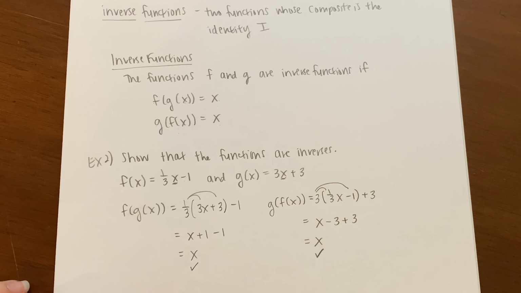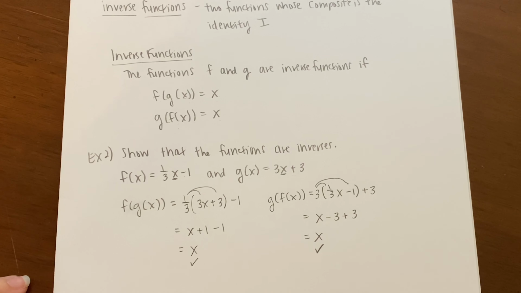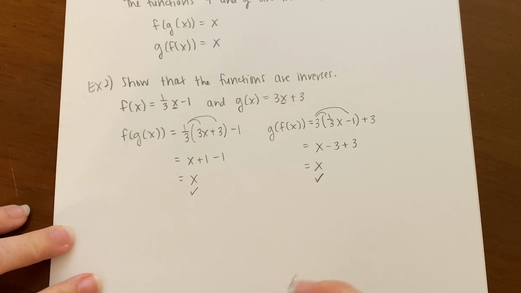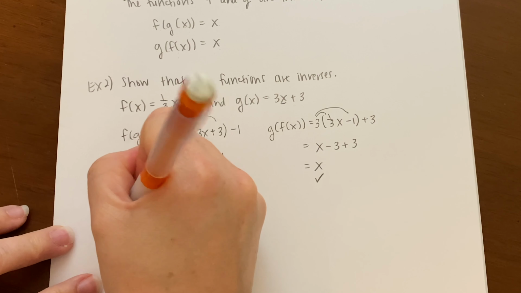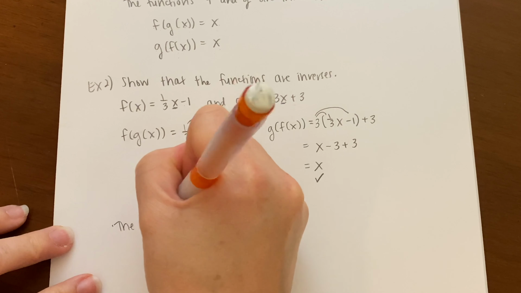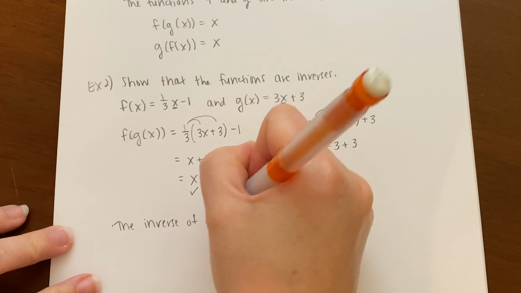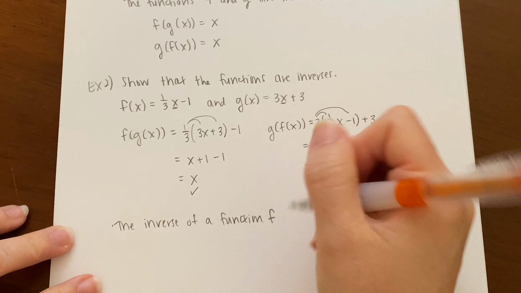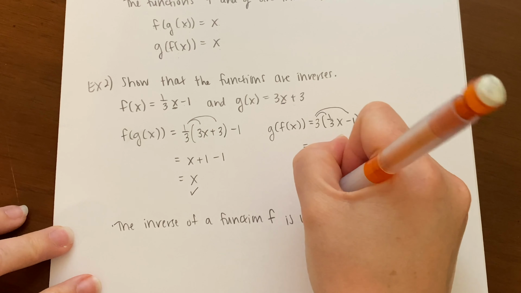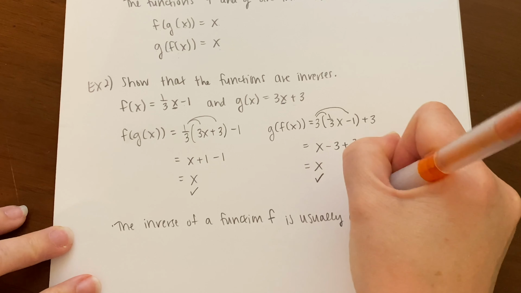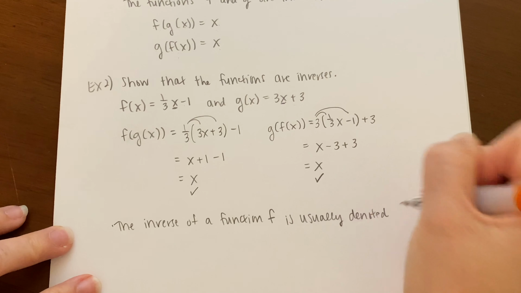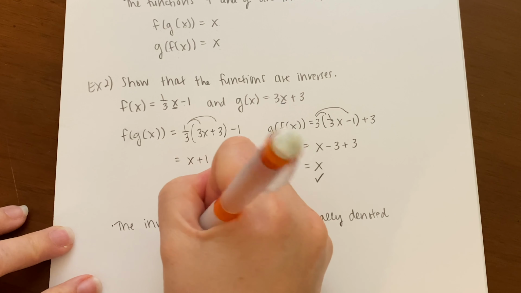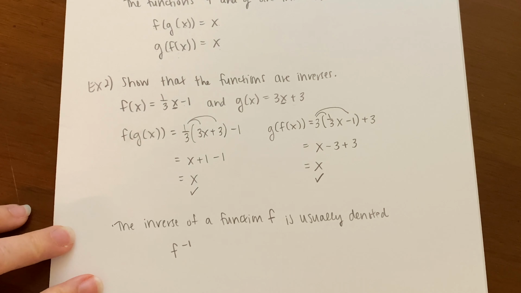When you're talking about inverses, you might come across a new notation that you haven't seen before. The inverse of a function f is usually denoted like this: f to the negative 1.